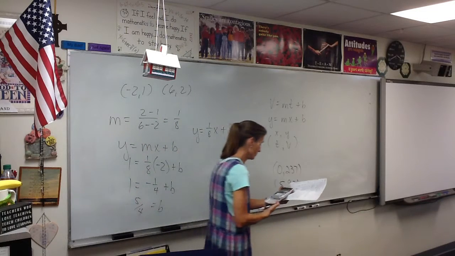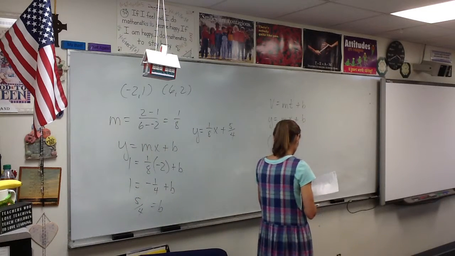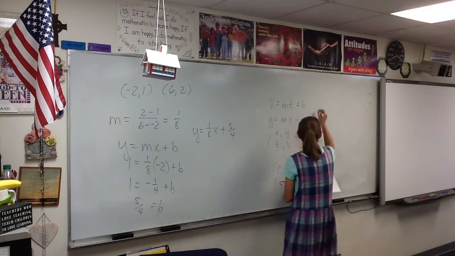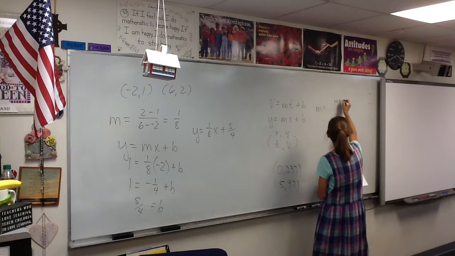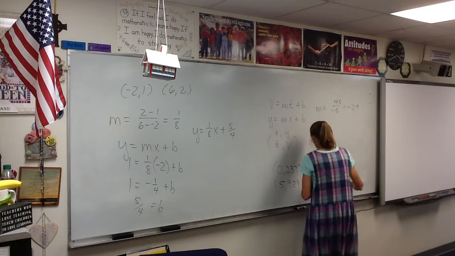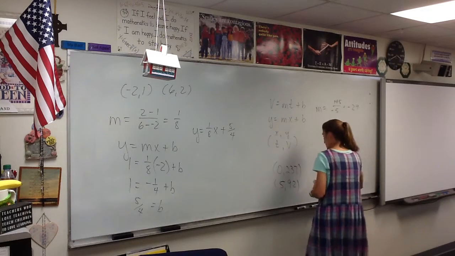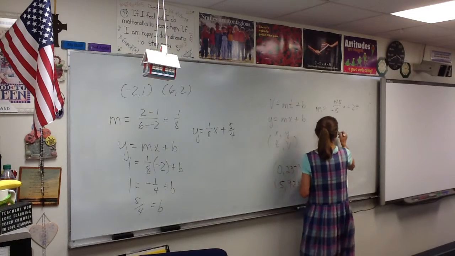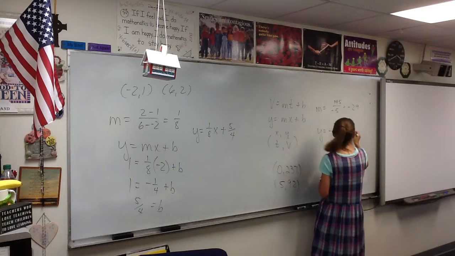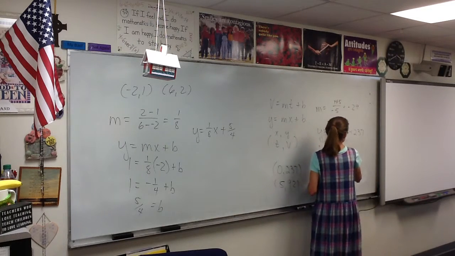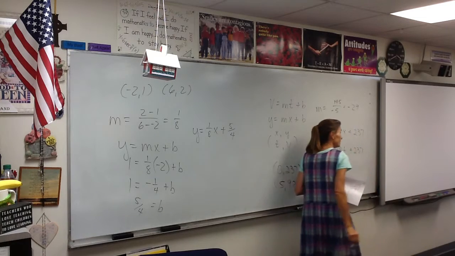Yeah, and then we got 145 over -5. You said it's -29. And actually that point is the y-intercept. So your equation is y equals -29x plus 237, or v equals -29t plus 237.